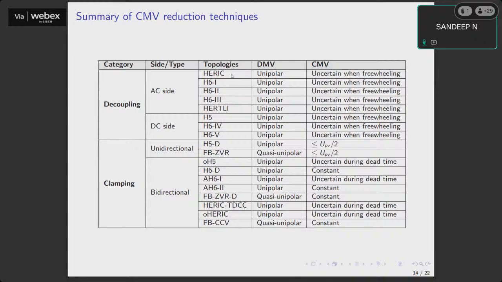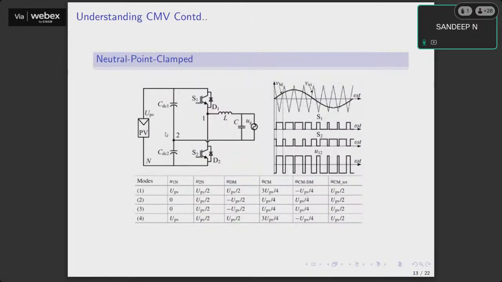Some 15, 20 structures have been worked upon, keeping one concept: either you decouple the AC side or DC side, meaning you disconnect the PV whenever the inverter generates zero output voltage, which reduces your leakage current, or you go with a neutral point clamp.